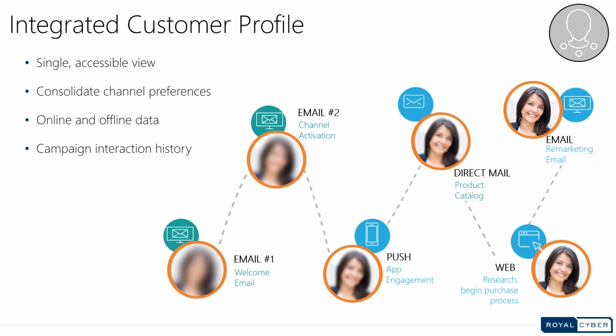What Campaign offers is a single accessible view of an individual customer, like the path or navigation they have taken, where they respond, and all this information is provided. Along with that come the channel preferences, for example, your customer is someone who is more of an email person and is always reached over email.